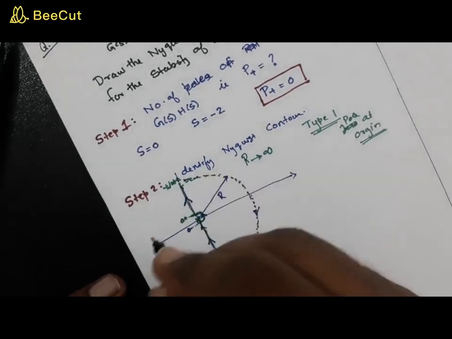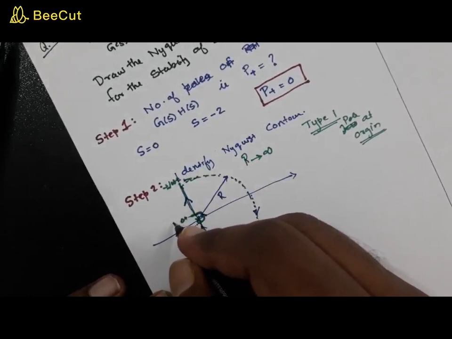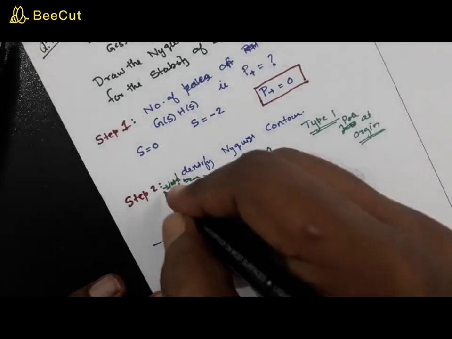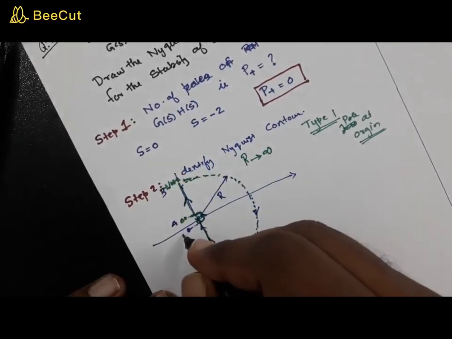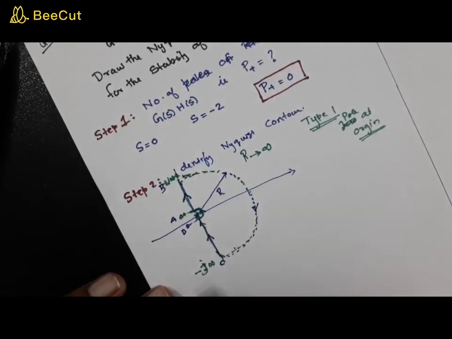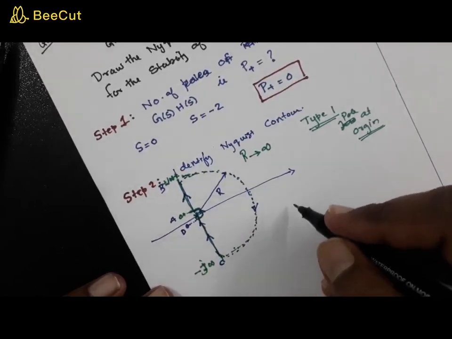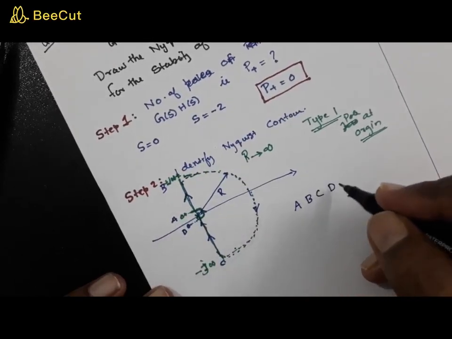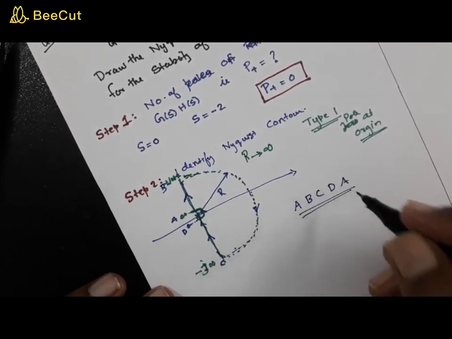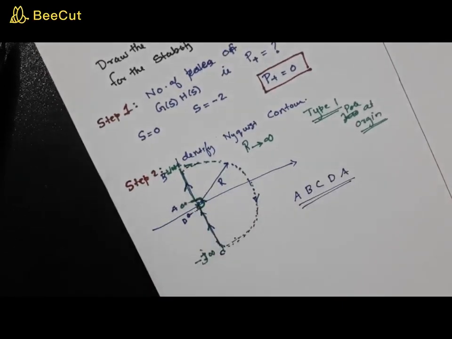So one segment I'm calling A at 0 plus, this is B, this is C, and this is D, right? So you have a path like this, A, B, C, D, A. This is the path traversed by this S-plane, right?